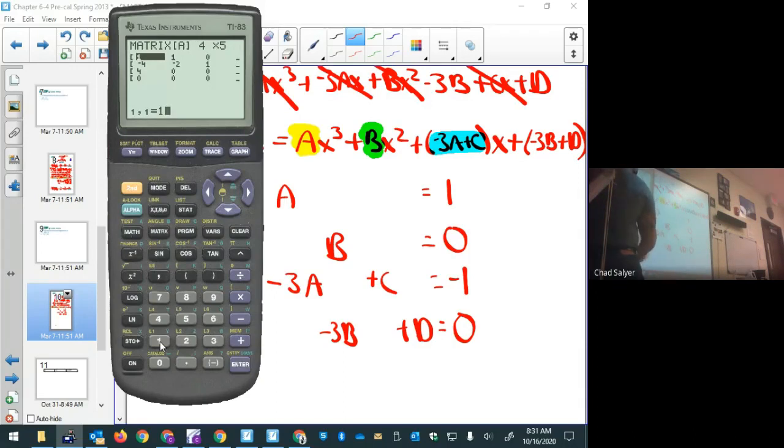And it is 1, 0, 0, 0, 1, 0, 1, 0, 0, 0, negative 3, 0, 1, 0, negative 1, and then 0, negative 3, 0, 1, 0.